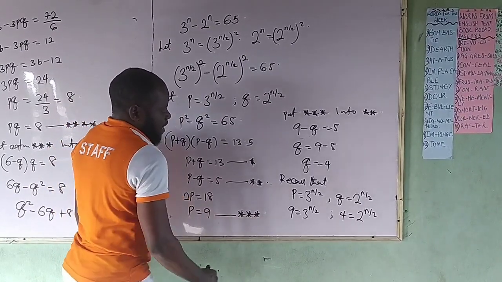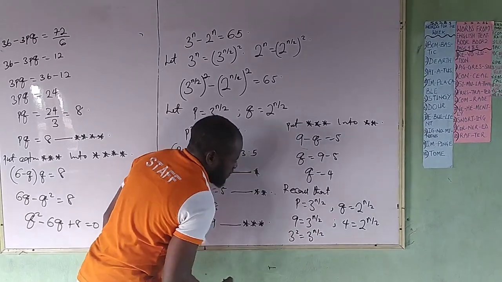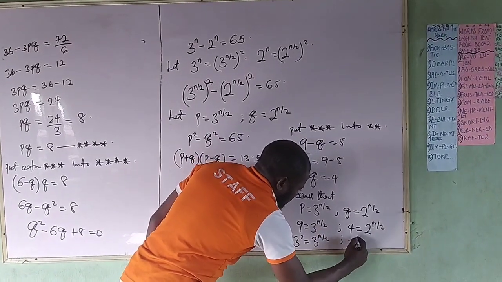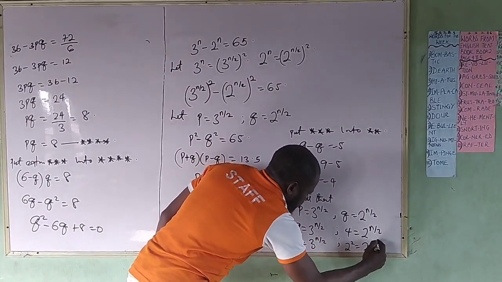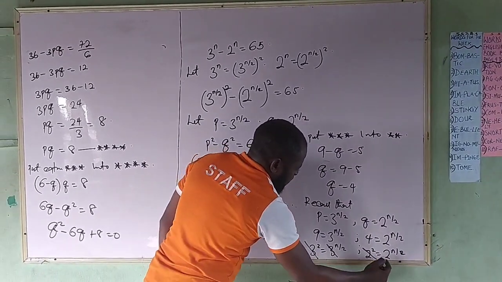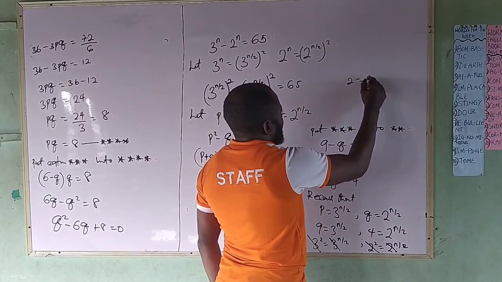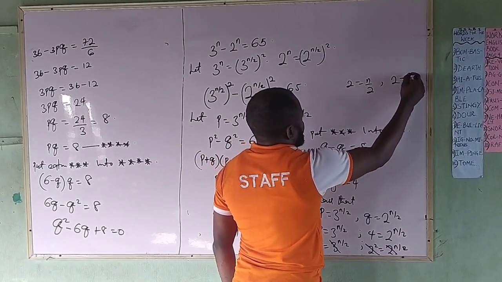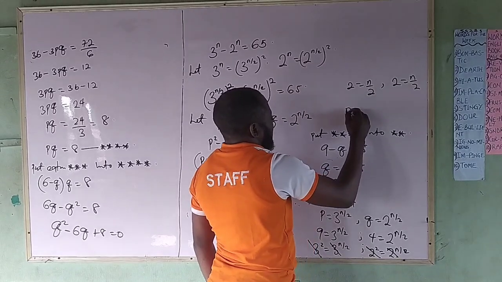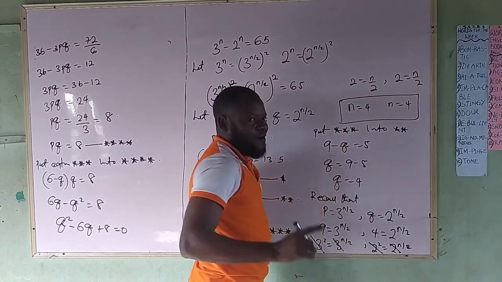This can be written as 3 to the power of 2 equal 3 to the power of n over 2, and 2 to the power of 2 equal 2 to the power of n over 2. So the bases cancel on both sides, and we have 2 equal n over 2. Cross multiply, n equals 4. And that is awesome.